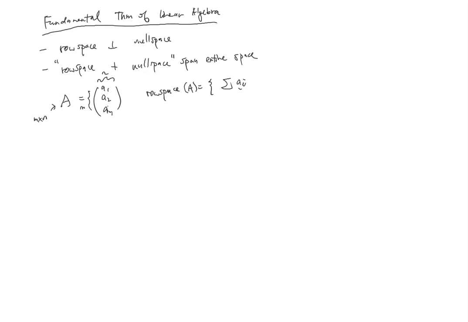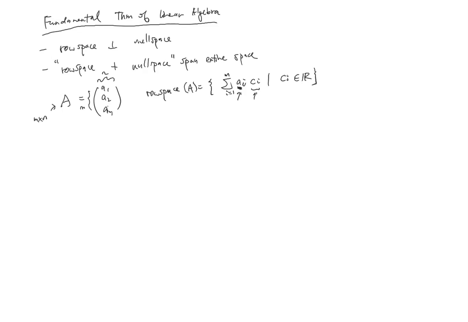Please understand that Ai is a vector and Ci is a scalar. The Ci are just real numbers, and i goes from 1 to m.